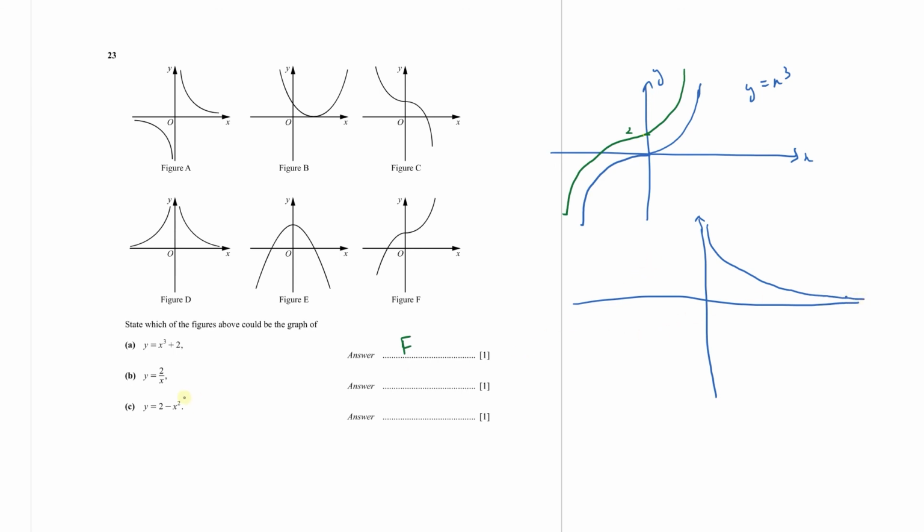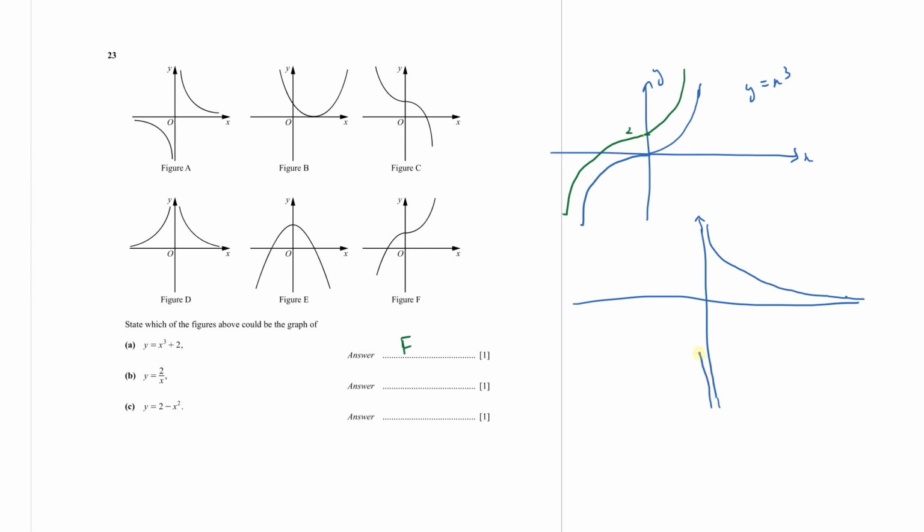And similarly, on the negative side, you will have a similar behavior where when you're close to 0, your y value is very big on the negative side, because 2 over minus 0.00001 will be a very large negative value.